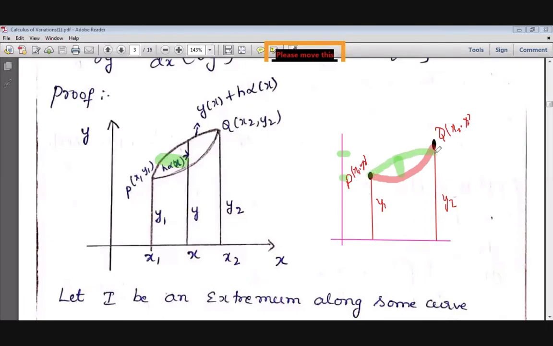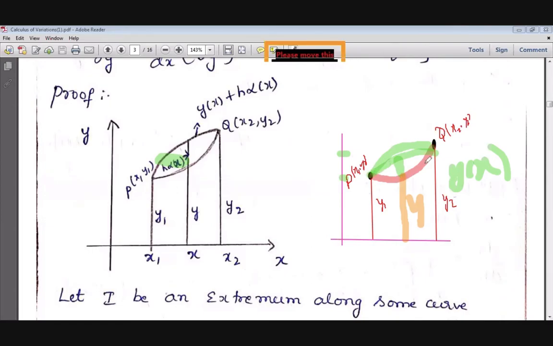Therefore, this length will be Y equal to y of x plus h alpha of x.